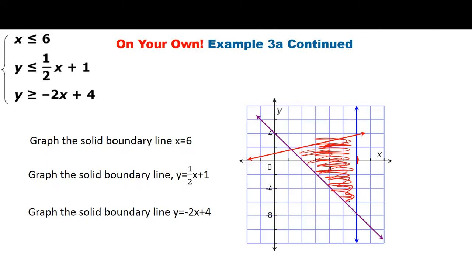And y is greater than this last line, and once again, we'll shade just this area in. So that is our area of overlapping. So that's our region. So the overlapping region is the solution region, and the solution is a triangle in this case. All the points that are contained within that triangle.